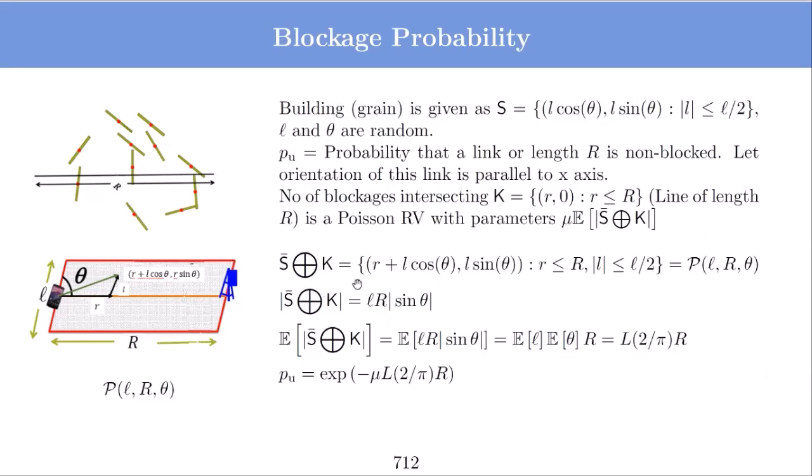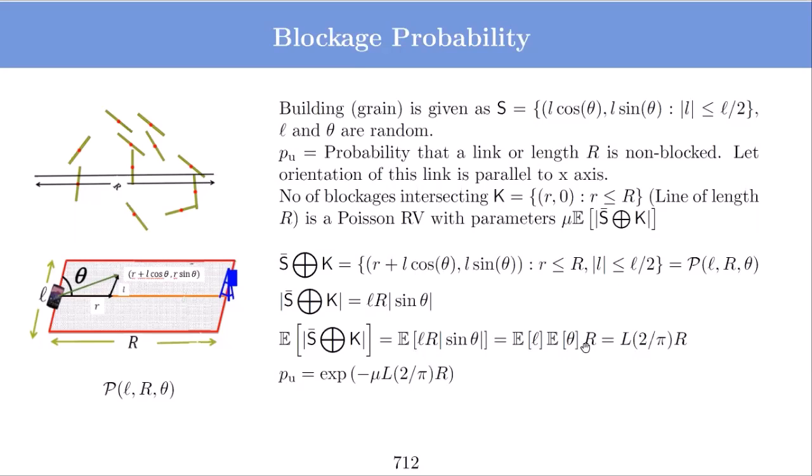The area of S bar Minkowski sum K will be given by the area of this parallelogram, which is L R sin theta. So the expected value of this: since L and theta are assumed to be independent, this will give you expected value of L times R times expected value of mod sin theta. There is a typo here, it is the expected value of mod sin theta.